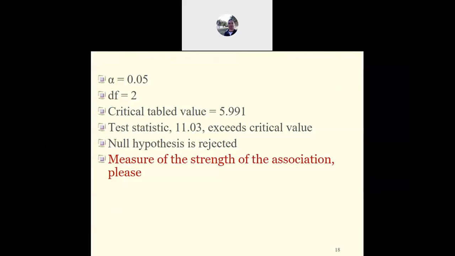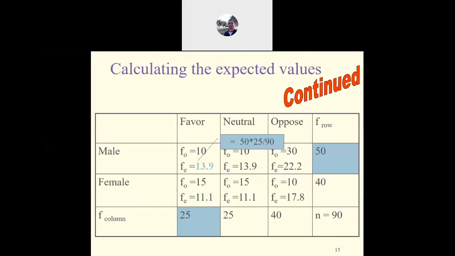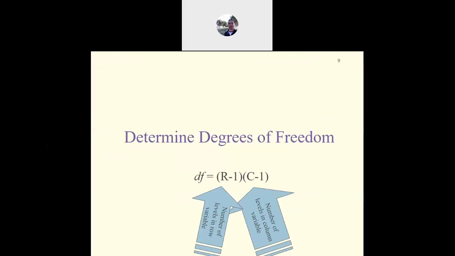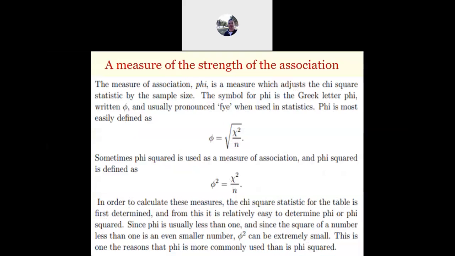How to measure the strength of the association? I just said it now, right? How to measure this one? By phi, right? So this phi, if you look at this one, phi is always positive, right?